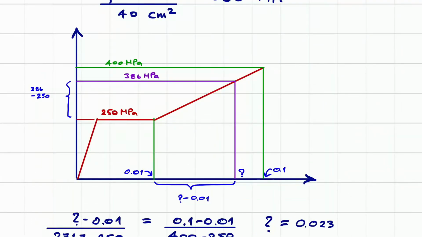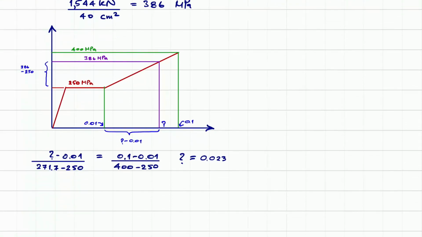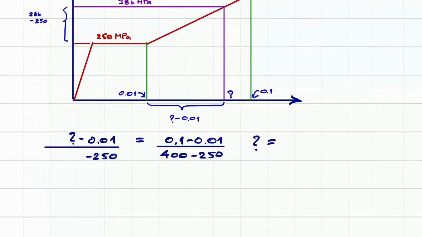Okay, just like this. 0.386. So we're going to find the question mark: 0.09 multiplied by 386 minus 250, divided by 150, and then plus 0.01.